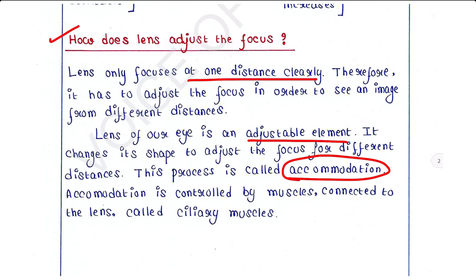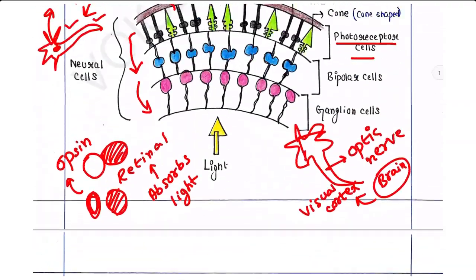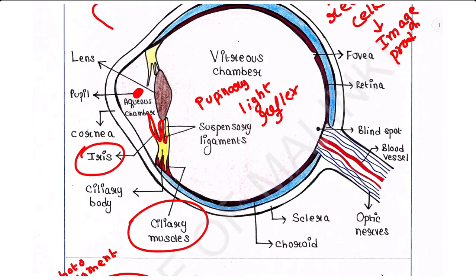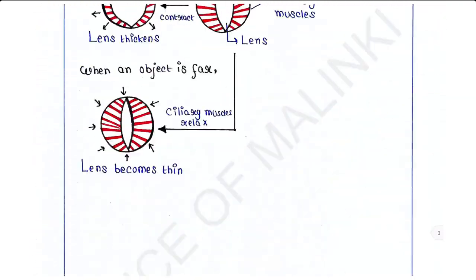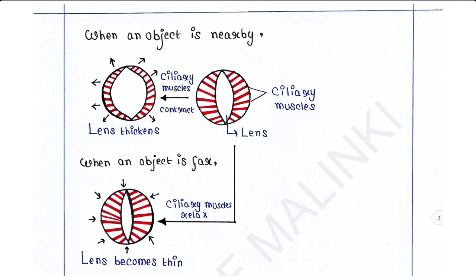Now, accommodation is controlled by muscles which are connected to the lens, called ciliary muscles. We have seen in this picture, these are some ciliary muscles. Now, see this picture, what happens when an object is nearby? The ciliary muscles are contracted.